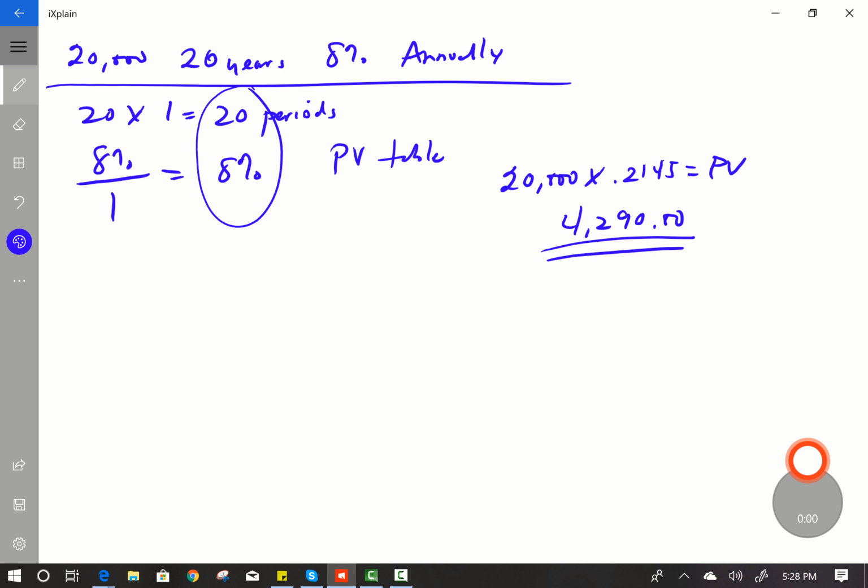Therefore, today we'll invest $4,290 so that in 20 years at 8% compounded annually, we can generate $20,000. Today's investment in the present is $4,290.